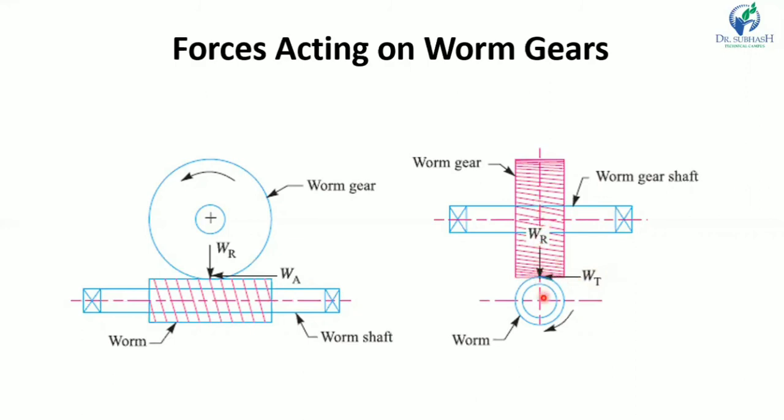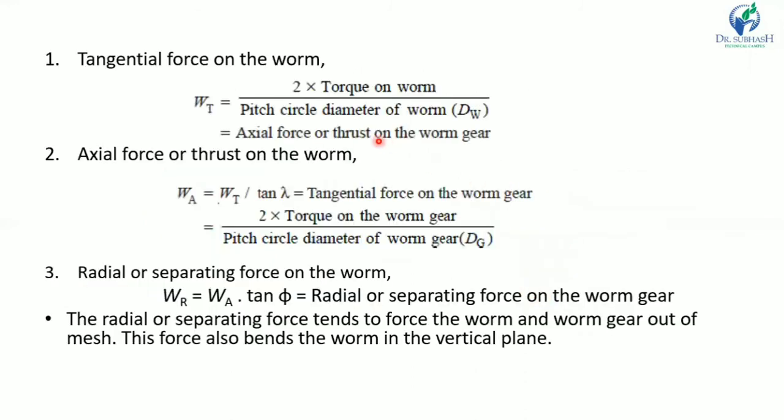The tangential force on the worm is given by the equation WT equal to 2 into torque on worm upon pitch circle diameter of the worm, dW. This is equal to the axial force or thrust on the worm gear.